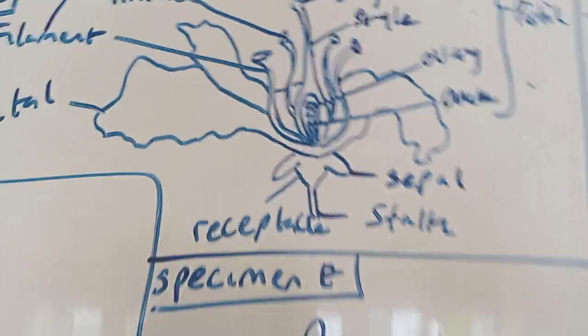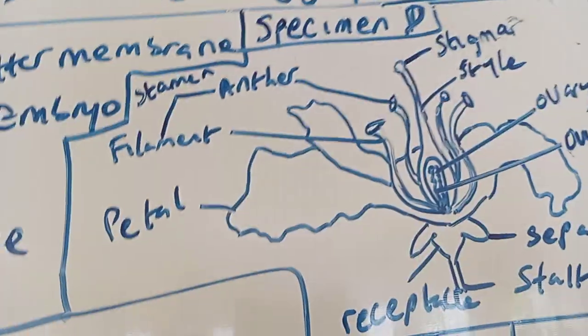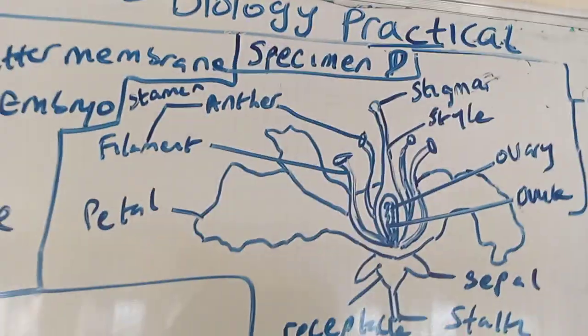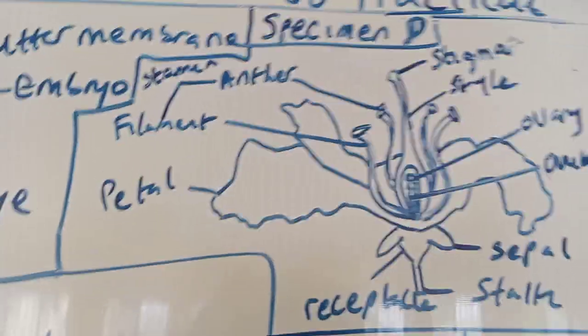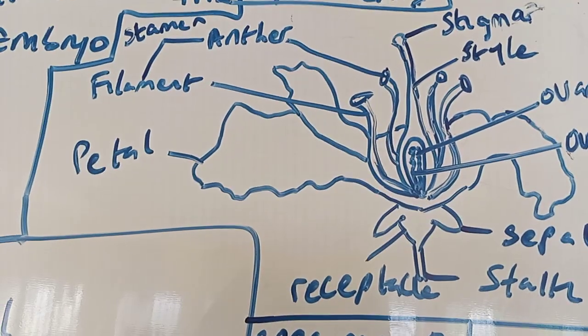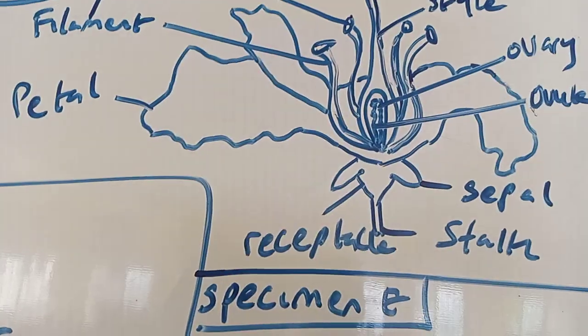So that's basically it. I'm going to talk about the numbers. In the pride of Barbados, we have one stigma. We have 10 filaments, 5 sepals, 5 petals.